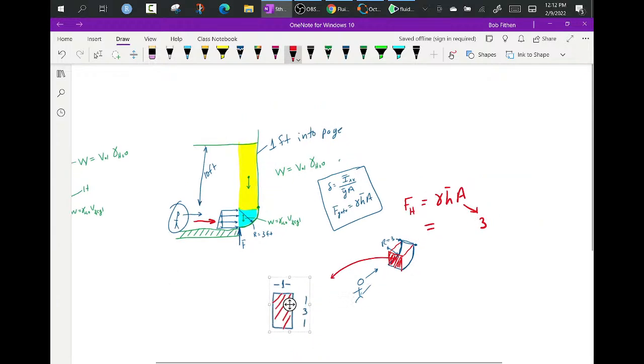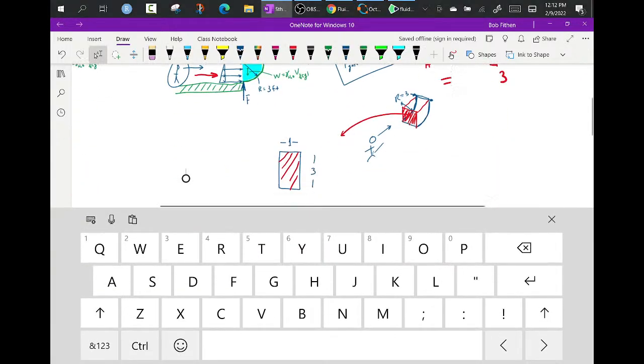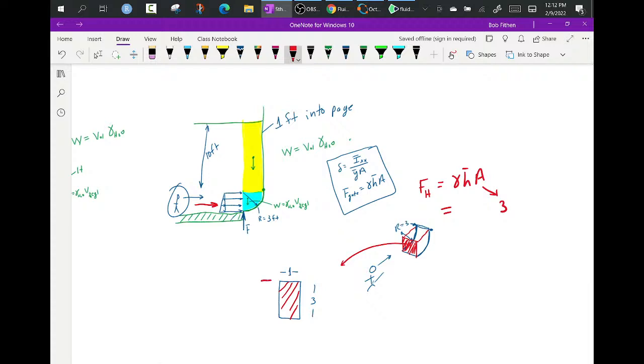But his head is such that he sees that this is 10 foot to the top of the water. So if you look at the centroid here, this is 1.5 feet below it. So his h bar from the top of the water to the centroid, what he's seeing, now this is just to find out the horizontal force, not its location, is 11.5.